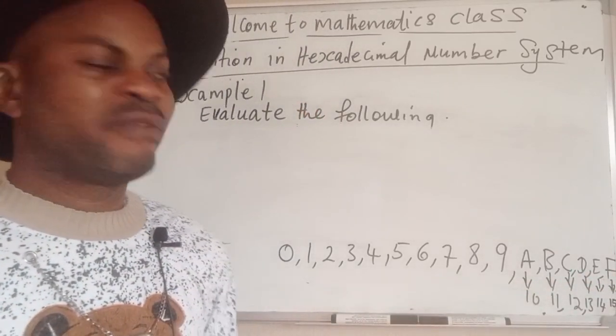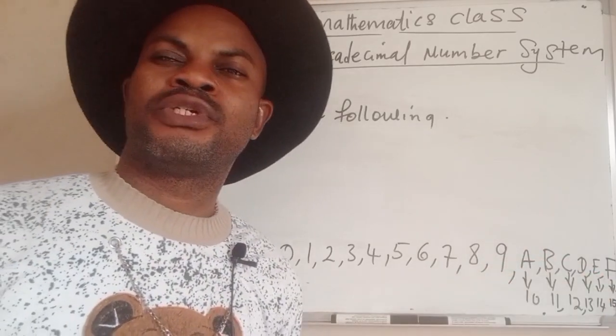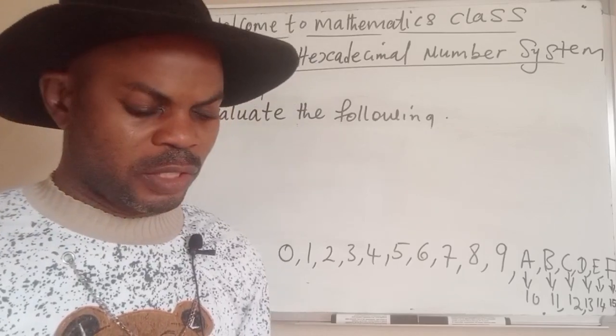The implication is that whenever you see A, B, C, D, E, F, you know you're dealing with base 16.